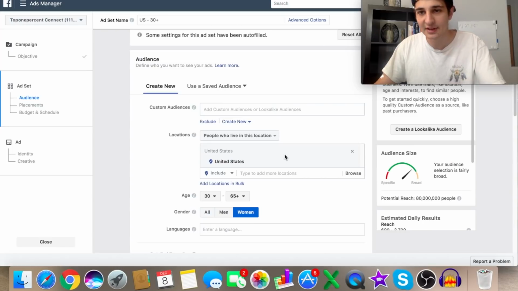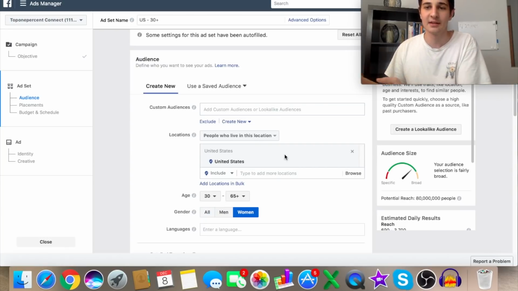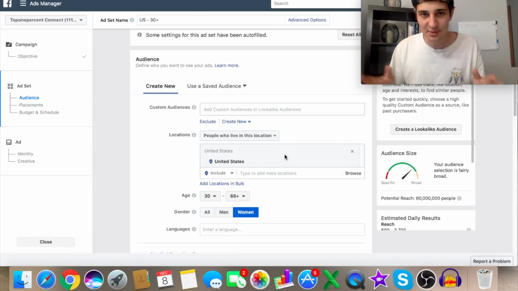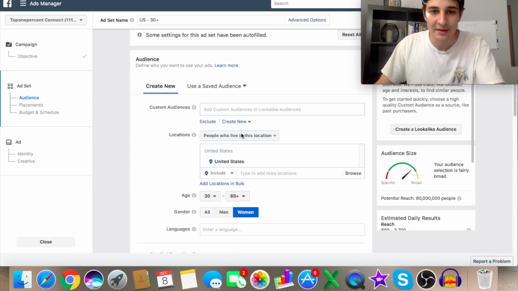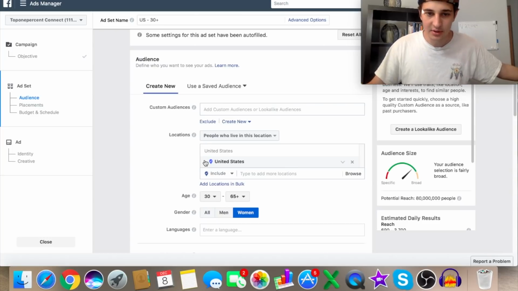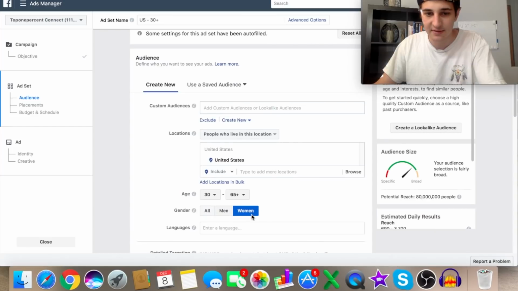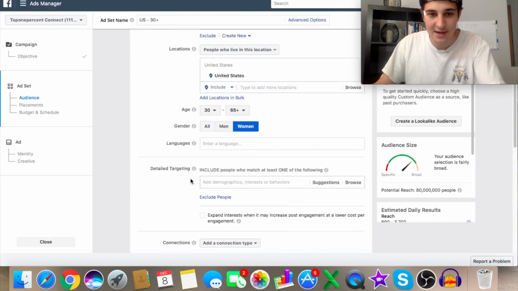Because people that are visiting the United States are probably not going to buy things. It's not very likely that they're going to see an advertisement online and then buy something. I don't know why. It's just people usually buy things online when they're home. So people who live in this location, 90% of people that bought were in the United States, so we're just going to target those. They were between 30 and 65 years old, women, language doesn't matter.